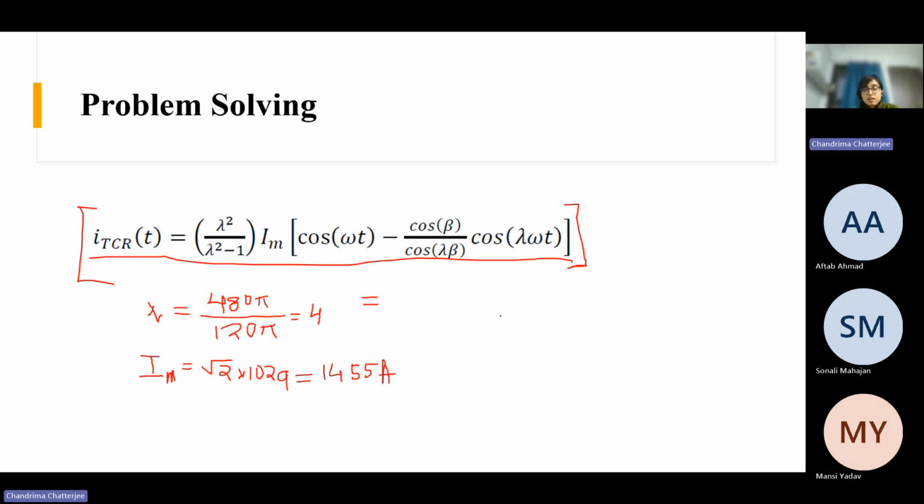Yeah. So I will just write it. You can verify by yourself. This value is coming 1552, and the rest of the portion is just a time dependent expression.